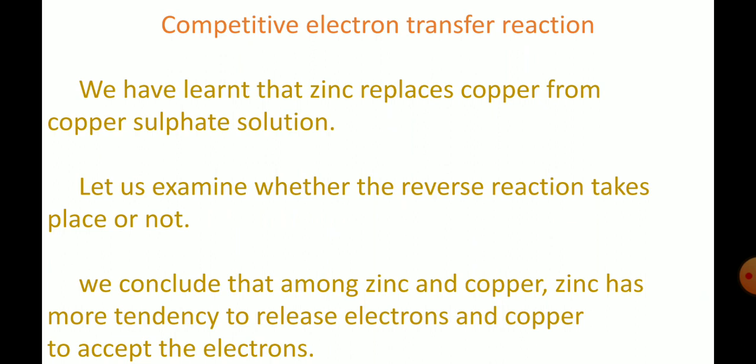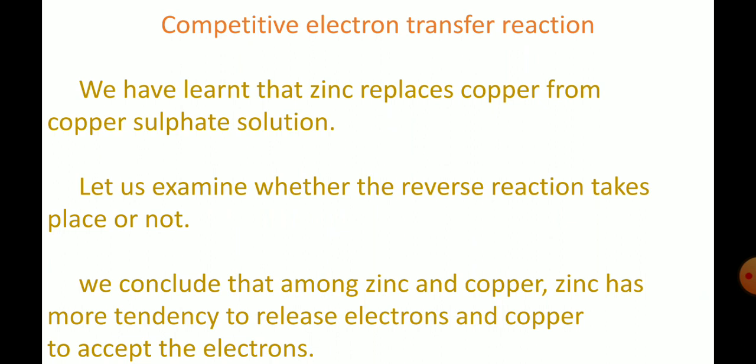So from this observation we can conclude that we have two different metals. What are they? One is zinc and the other is copper. Out of those metals, zinc has more tendency to release electrons, whereas copper has more tendency to accept electrons. So this is termed competitive electron transfer.